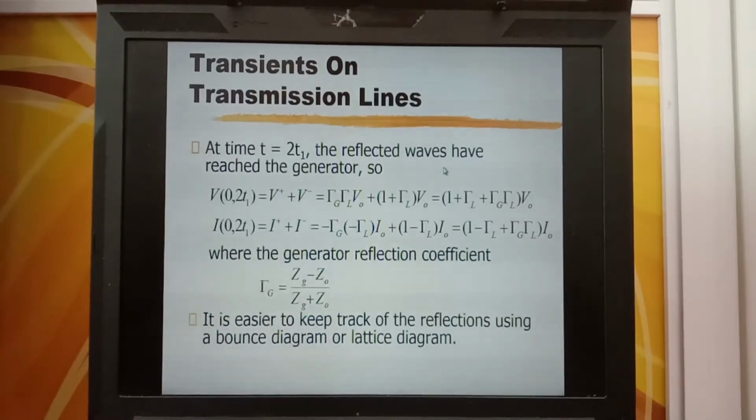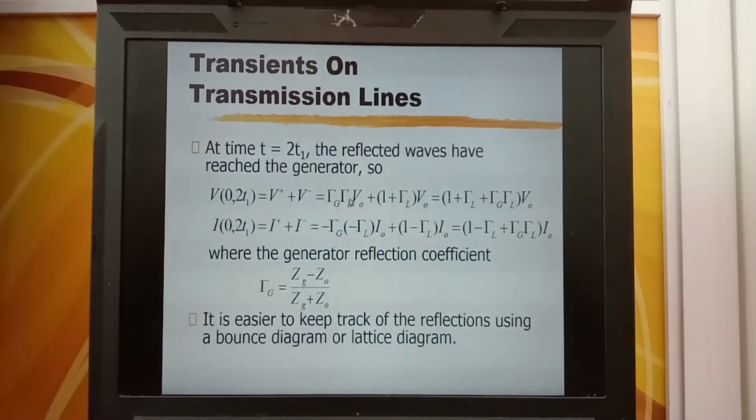Earlier, we had a wave reflected at the load. That wave has a voltage given by rho L times V0, the reflection coefficient times the original incident wave. But when this wave reaches the generator, some wave will be reflected, and that reflected wave will be going in the positive direction.